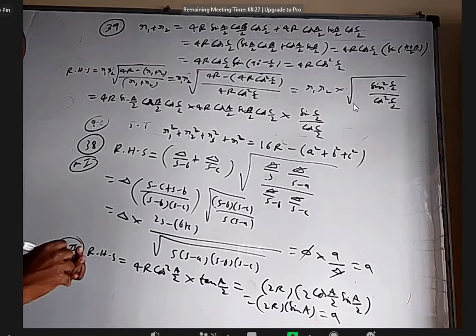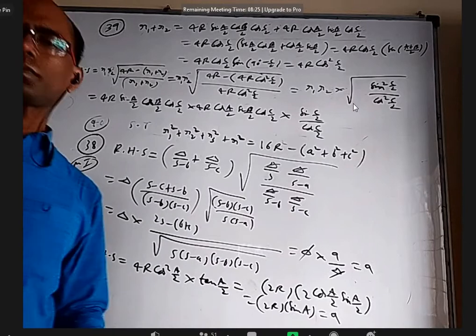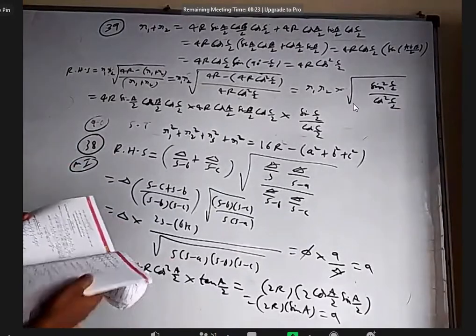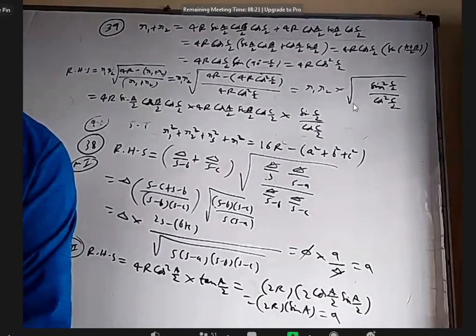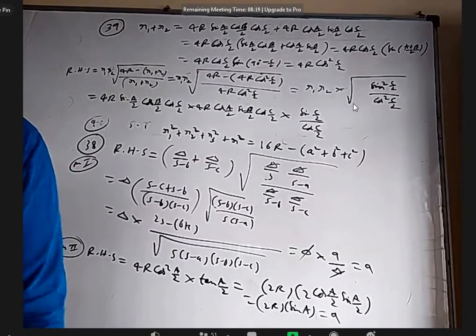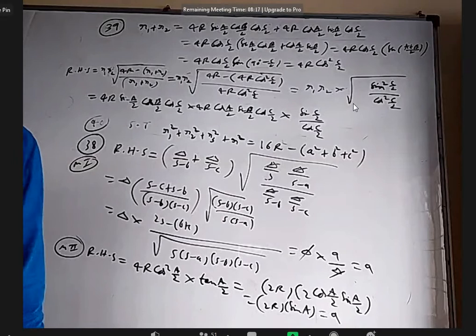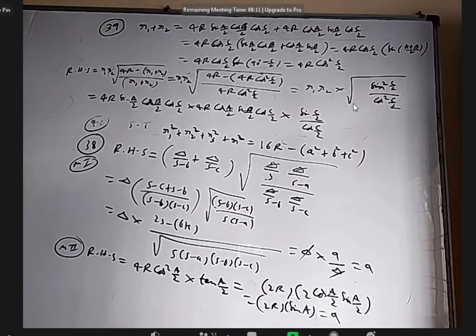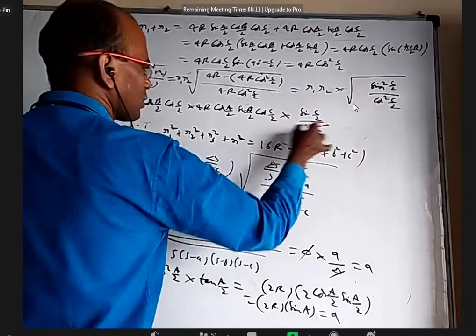That is what I have to prove anyway. I have to prove it is delta. One extra cos C by 2 will cancel.